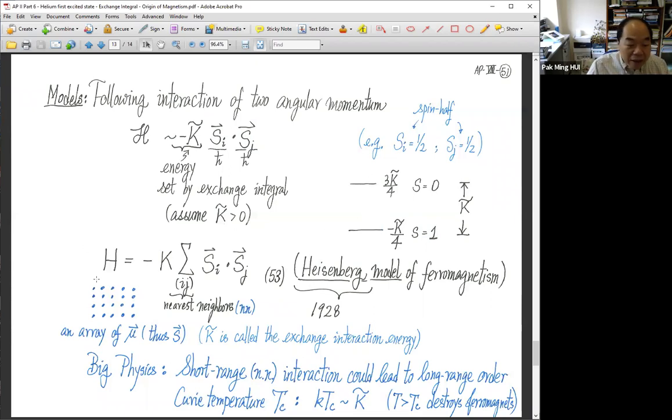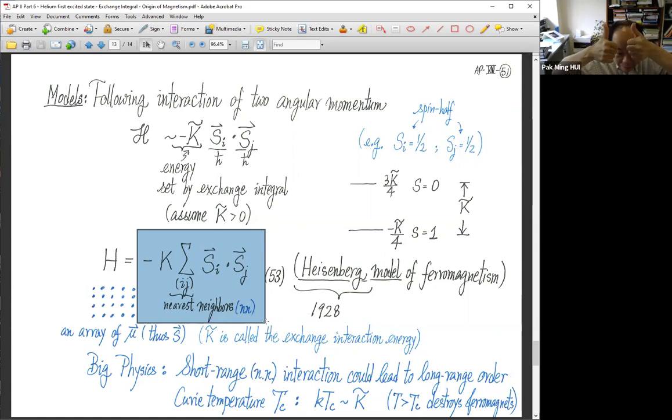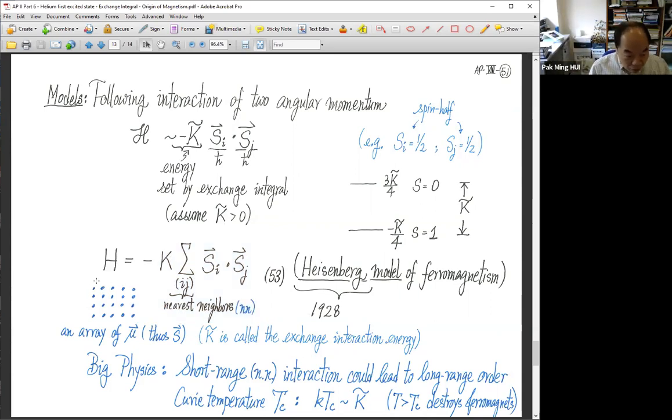Well, in a solid, magnetic solid, we don't only have two magnetic atoms. We have many. So we have an array. Then a standard model of magnetism is this form. We have Si dot Sj pretending to be modeling alignment happy, anti-alignment not happy. And then we have to sum over many neighbors, you see?